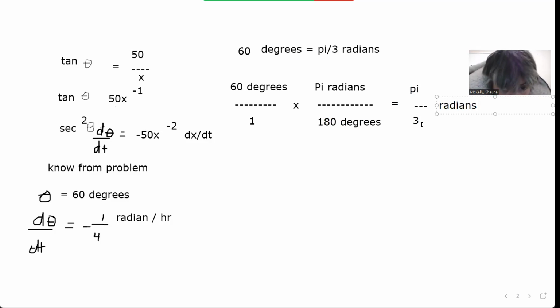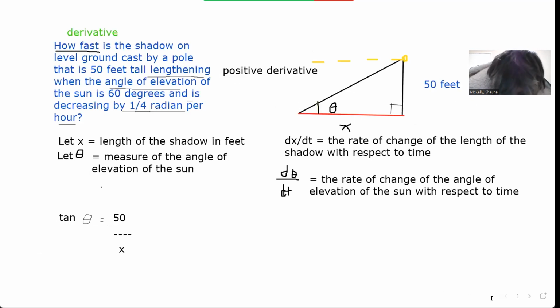Pi over 3 radians. Now, I have theta. I don't have x. Notice my equation has an x. How am I supposed to get that x? Well, if you remember, we know this is 50. We know theta at this point is 60 degrees. So I can find that x using another skill from geometry and or trig, and that is I can use similar triangles.